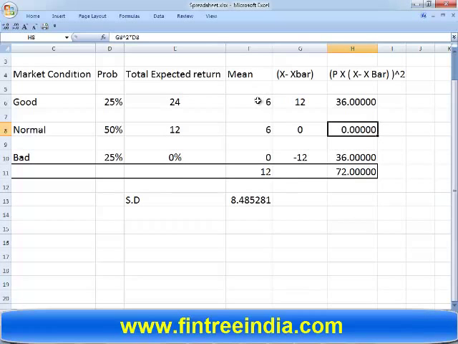So in this case now we take x minus x bar, and then we'll take the square of x minus x bar, so 12 raised to 2, and then we multiply with probability, so this term doesn't get squared again, and then we take under root.